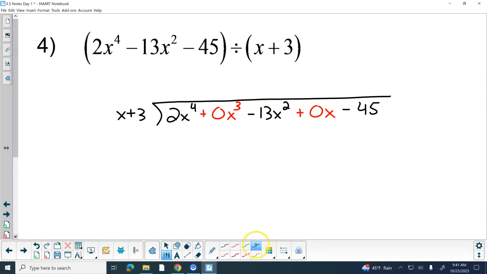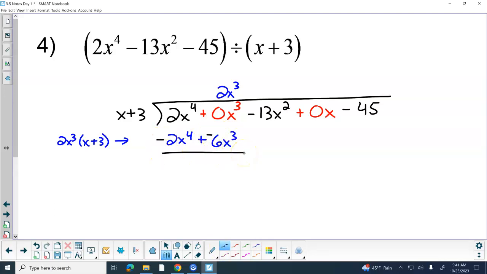Play the game of first. 2x cubed. Change and change gets me negative 6x cubed.